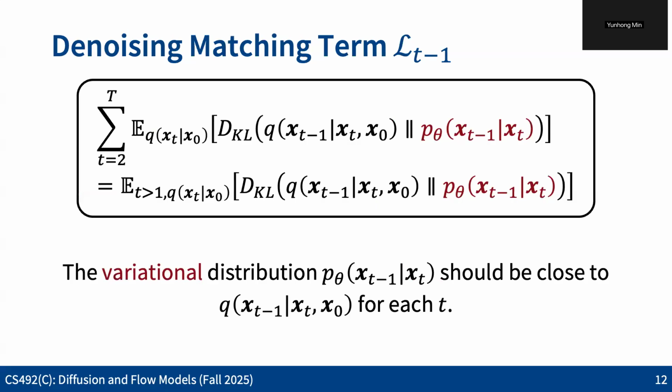Again, this is the denoising matching term, minimizing the KL divergence between these two distributions. After rewriting the loss function, we can see that the reverse transition distribution should be the same as this form of the conditional distribution.